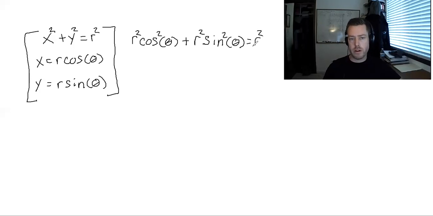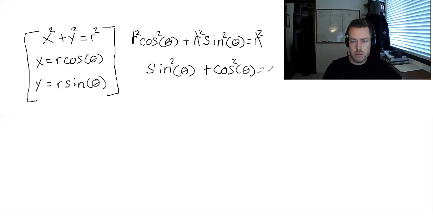Now, one thing you have to notice is that there's something in common on both sides, and that's the r squared. So you can just divide out the r squared. Cross it out, cross it out, cross it out. If we rearrange these two terms, we get sine squared of theta plus cosine squared of theta is equal to 1.